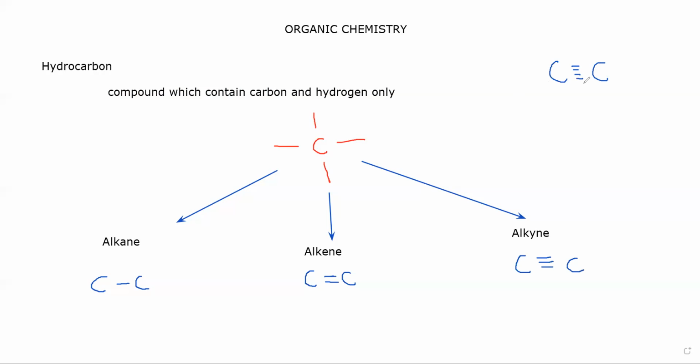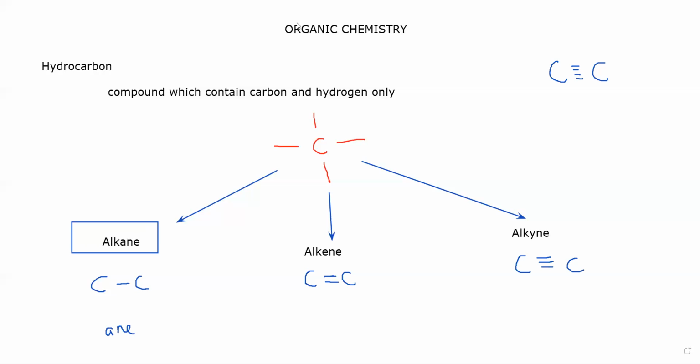So between the carbons, what is the first possibility? They may have a single bond. Between the 2 carbons, they may have a double bond, and between the 2 carbons, they may have a triple bond. If they have a single bond, that class of hydrocarbon is called alkane, and the name should end at ane.